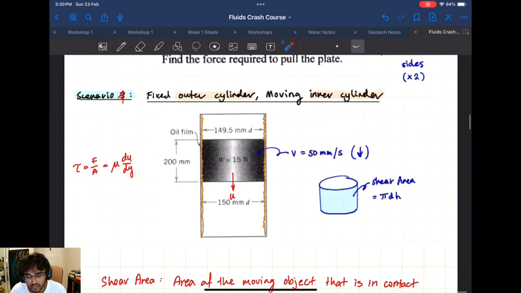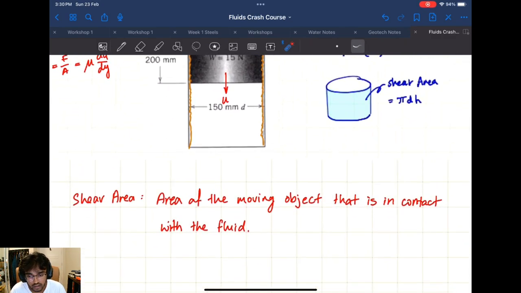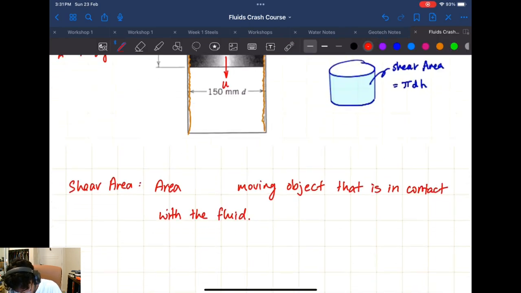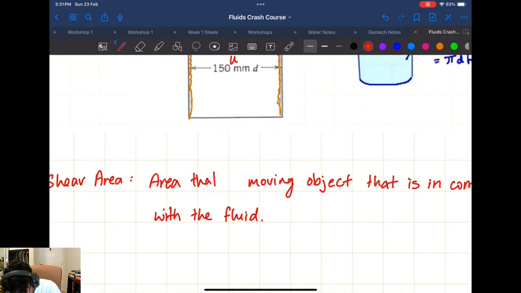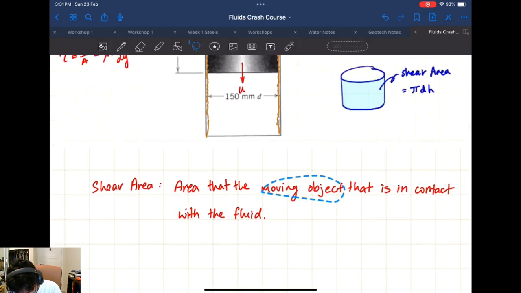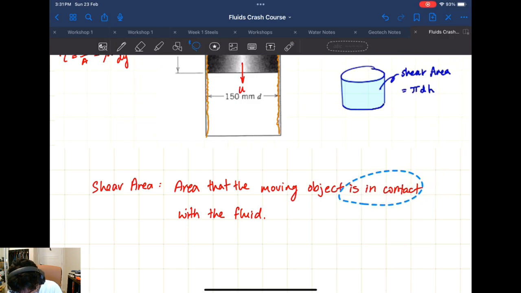The way I like to define shear area is that it's the area that the moving object is in contact with the fluid. Okay, I guess that makes a bit more sense.